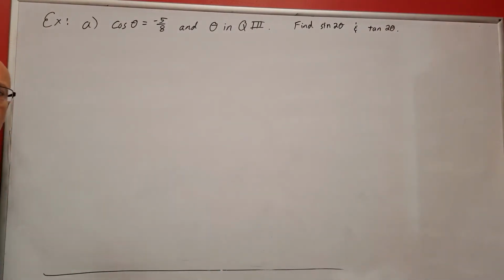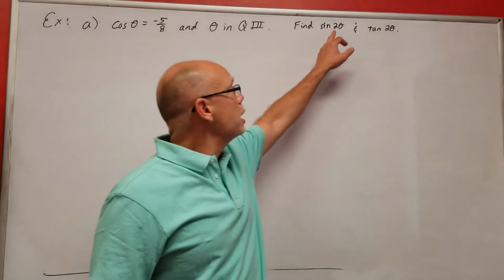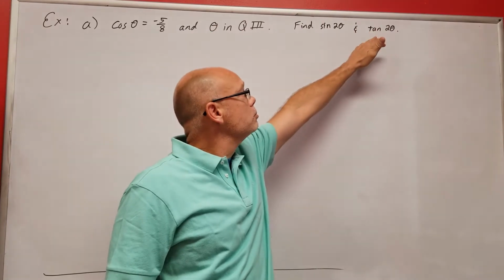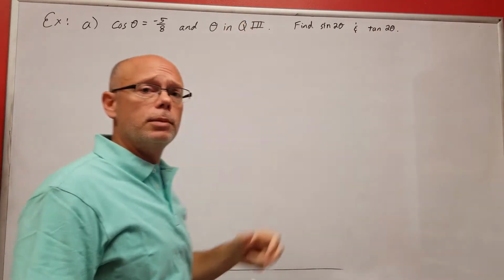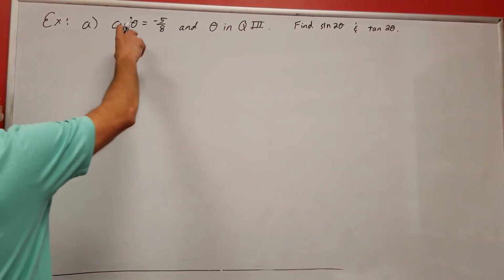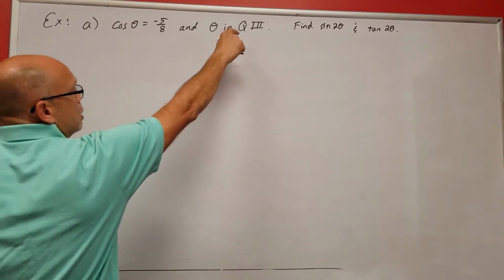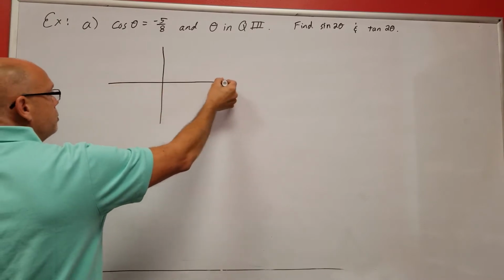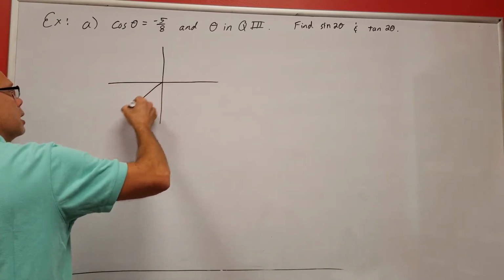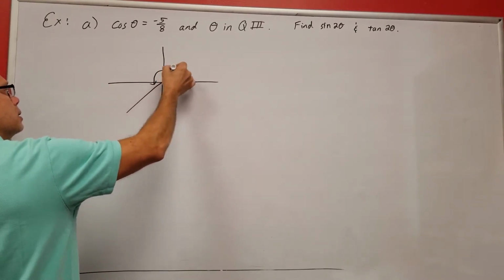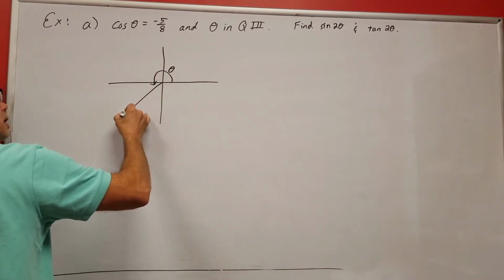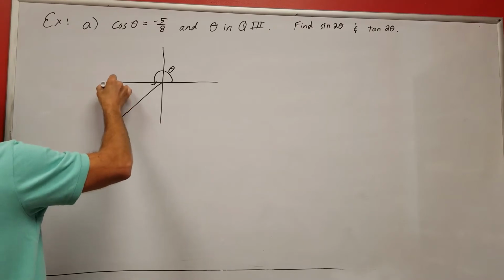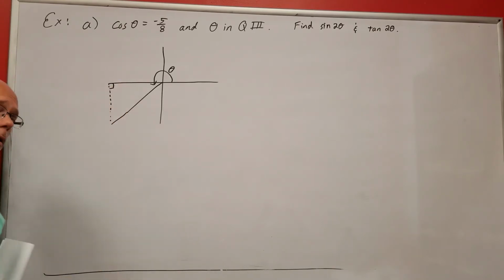All right, so let's see. I need to start somewhere. Eventually, I'm going to find sine of 2 theta and tangent of 2 theta using the formulas we just had. Let's start with an angle theta whose terminal side is in quadrant number 3. That'll look like an angle theta like this. Now, let's make a right triangle right here and use that.